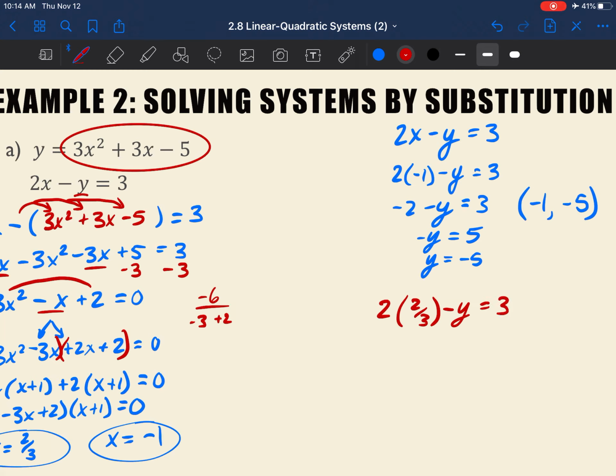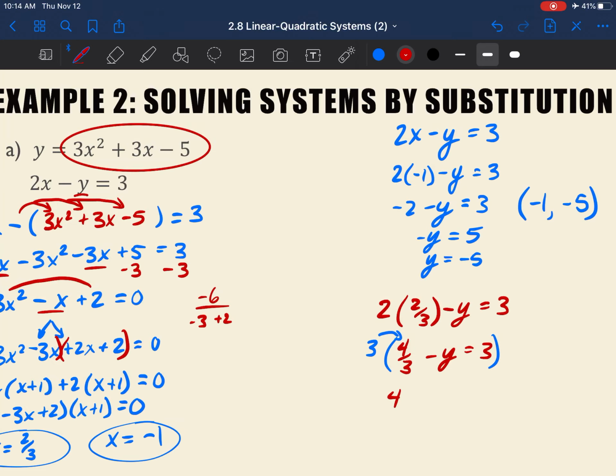Okay, so multiply by 2, so that'll be 4 thirds minus y equals 3. Now, personally, I want to get rid of the fraction here, or at least temporarily, so I'm going to multiply everything by 3. When I multiply by 3, so when I distribute the 3 to the 4 thirds, that's going to end up giving me 12 thirds, which ends up being just 4.